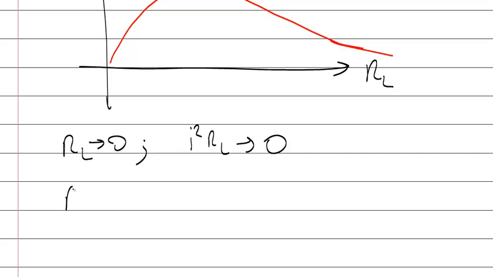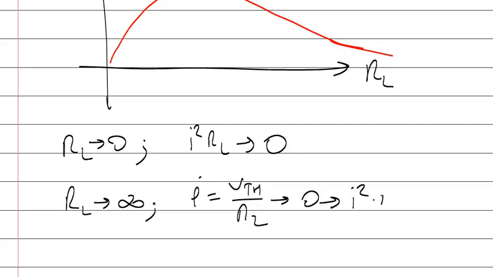And if you use a very large RL, if it goes to infinity, then I is equal to the Thevenin voltage, a fixed value, divided by RL. If RL goes to infinity, I goes to 0, so I squared RL goes to 0 again.